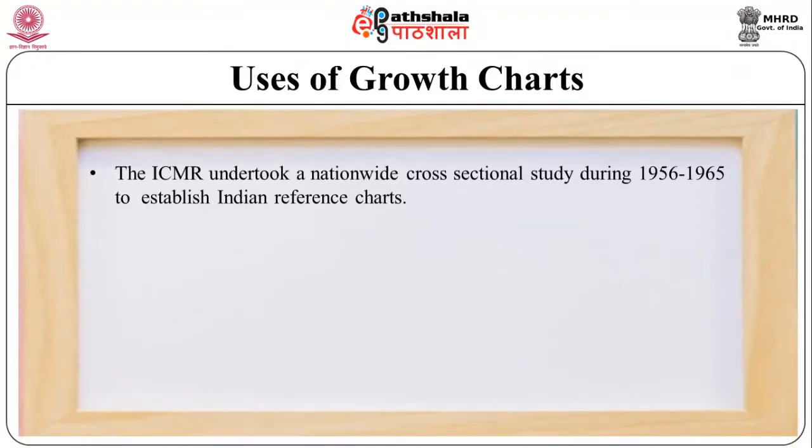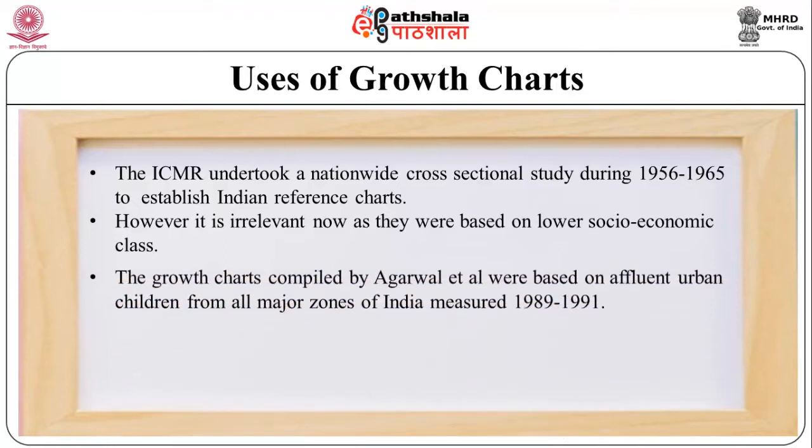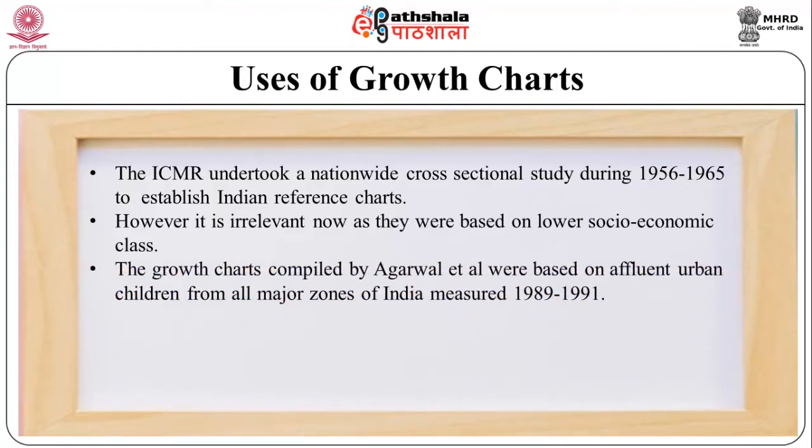The ICMR, which is Indian Council of Medical Research, undertook a nationwide cross-sectional study during 1956 to 1965 to establish Indian reference charts. However, it is irrelevant now as they were based on lower socioeconomic class. The growth charts compiled by Agarwal et al. were based on affluent urban children from all major zones of India measured during 1989 to 1991.